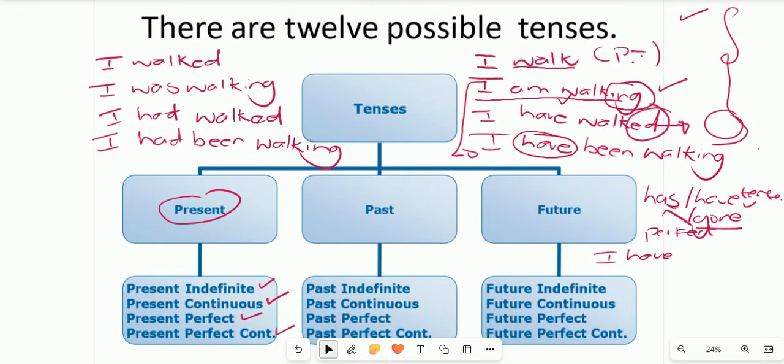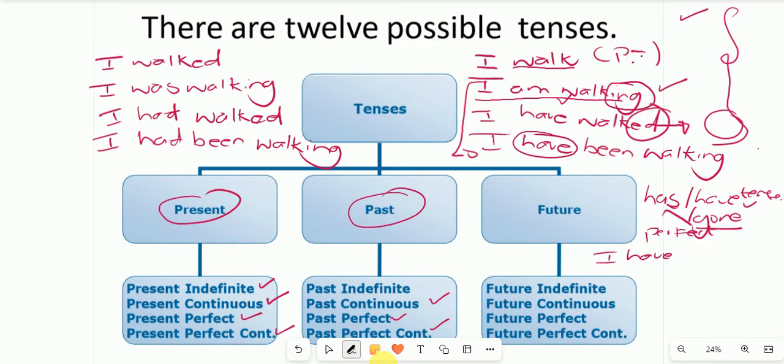Right, now with the past tenses, we still have the same past indefinite, past continuous, past perfect, and past perfect continuous. Now we are just simply changing the time frame. That action is no longer taking place currently or presently, but it took place way in the past.